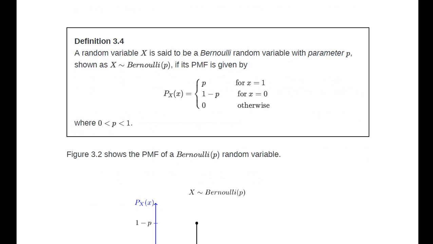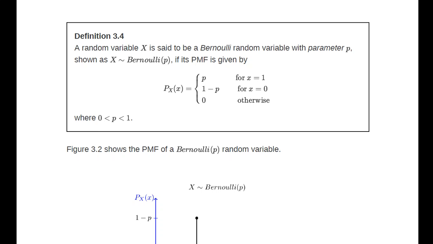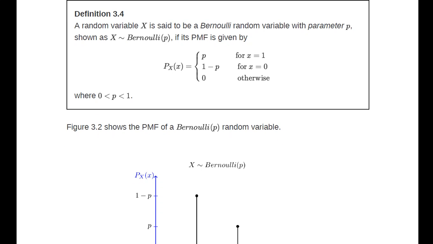A random variable X is said to be a Bernoulli random variable with parameter p, shown as X ~ Bernoulli(p), if its PMF is given by P_X(x) = p for x = 1, 1 - p for x = 0, and 0 otherwise, where p is between 0 and 1. And the following figure shows the PMF of a Bernoulli random variable.